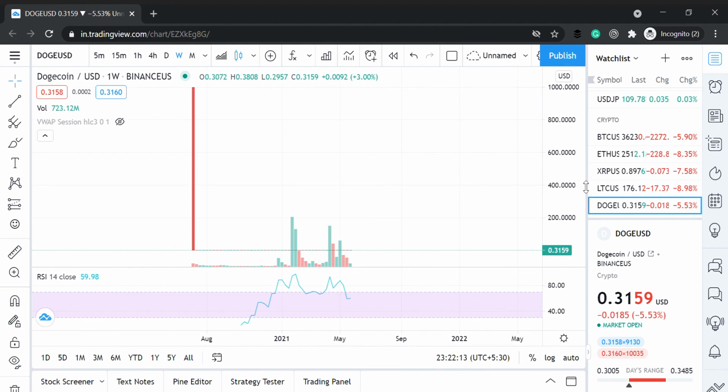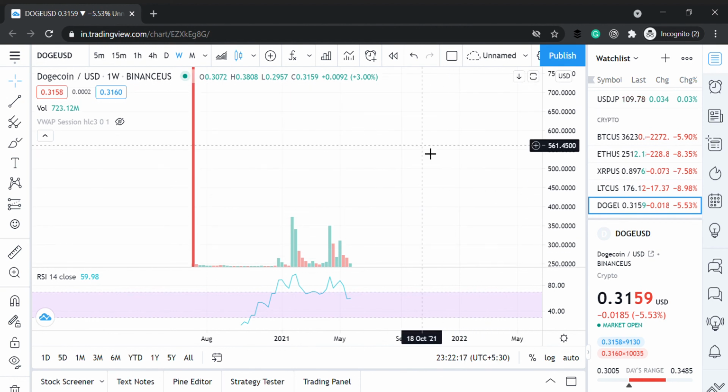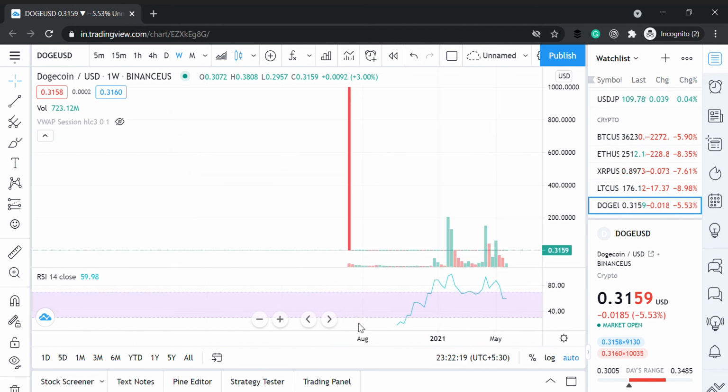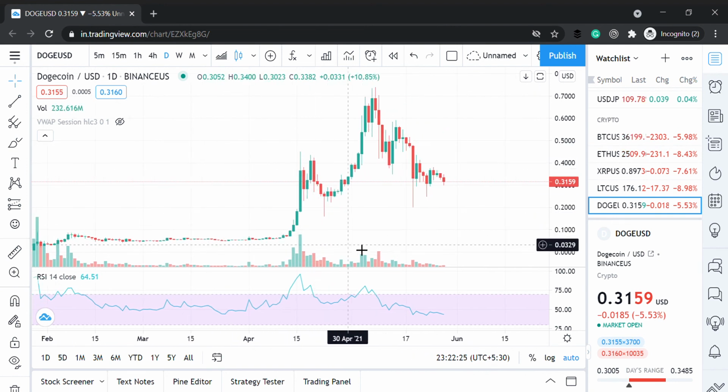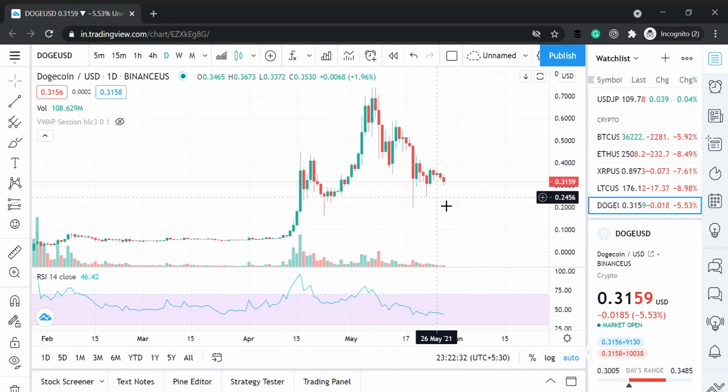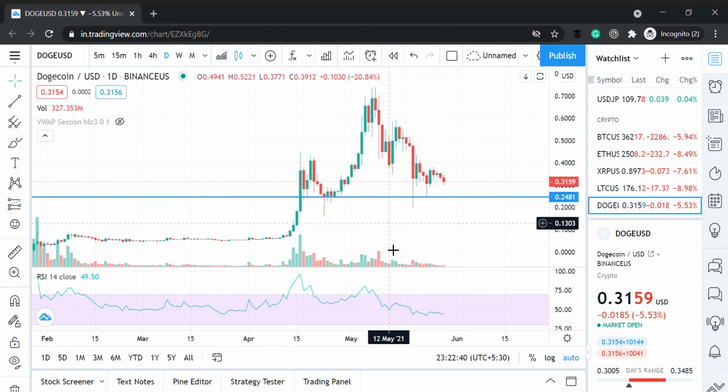Here in Doge, you just can't see any type of candle because the price movement was quick. But here you can see some candles in Dogecoin. So this is a good support zone for Doge, wherein Doge should come and should go up from here on.